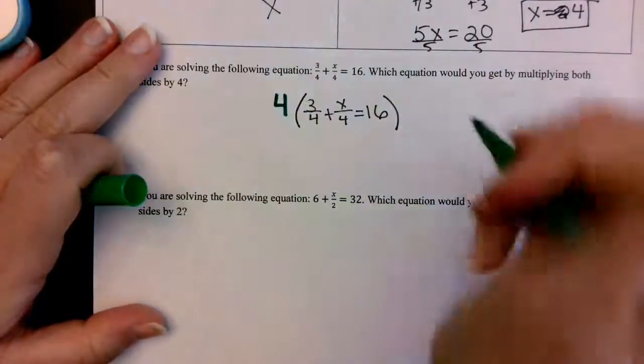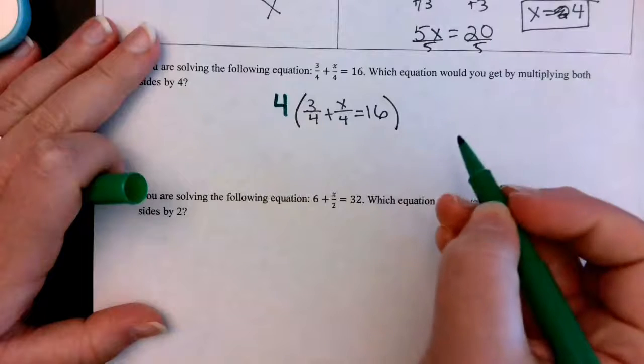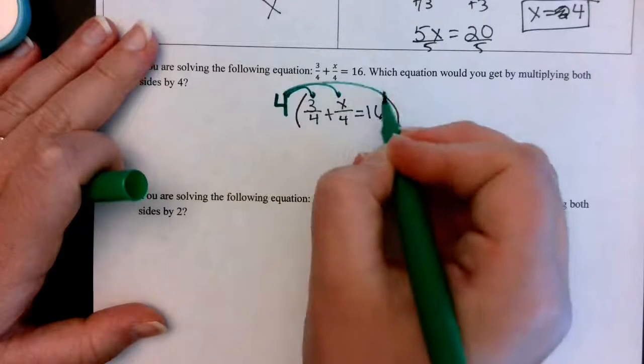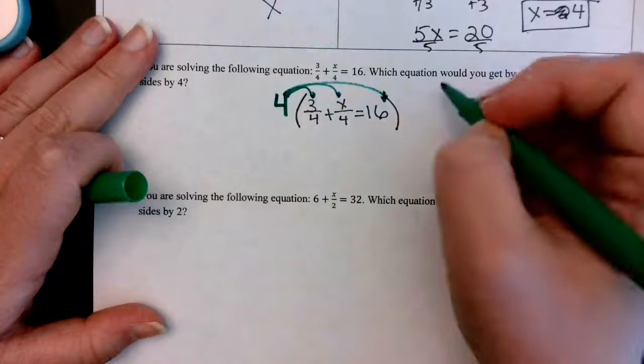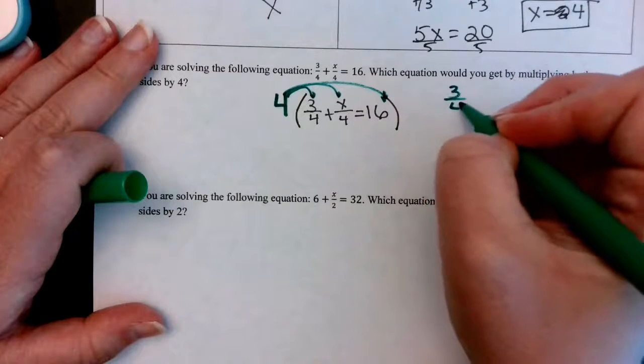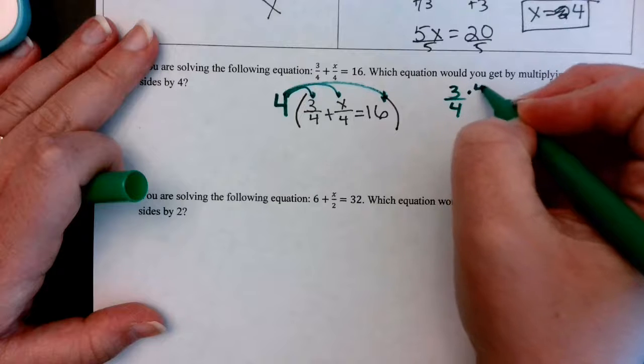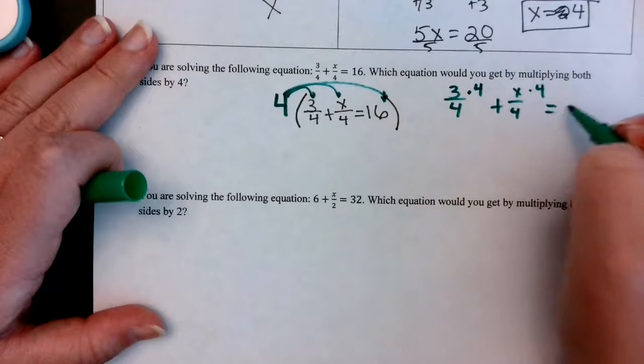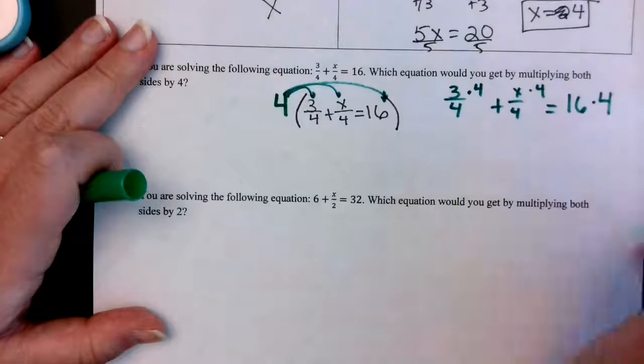So I'm multiplying the entire equation by 4, which means I distribute the 4 into everything. So my first part will say 3/4 times 4 plus x over 4 times 4 equals 16 times 4.